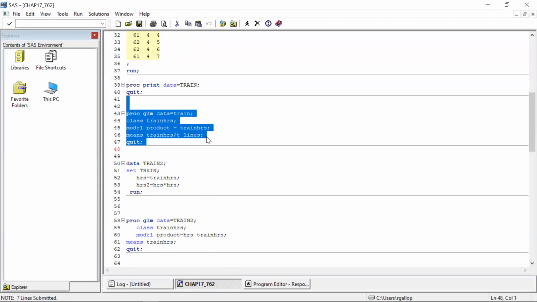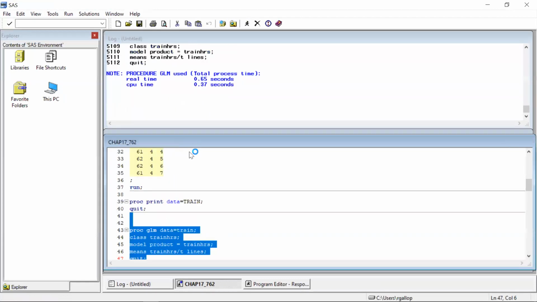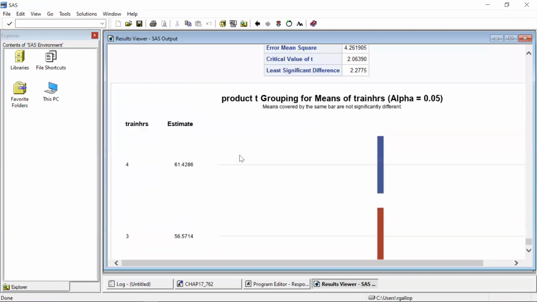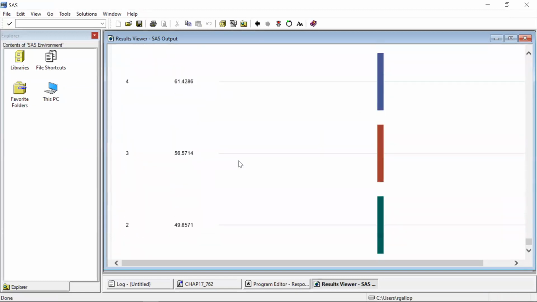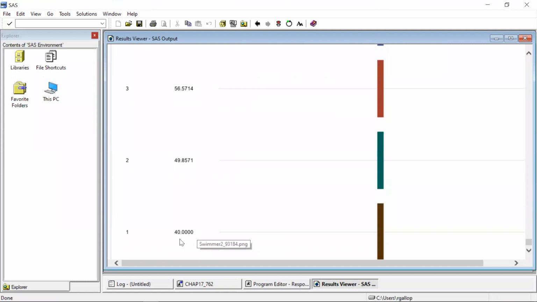All right, let me just run this one more time to where we get the means. With the means, we can see this pecking order. We go from 1 hour to 4 hours; the change in productivity is 9.8, right? 2 to 3, we go from 56.57 to 49.86.